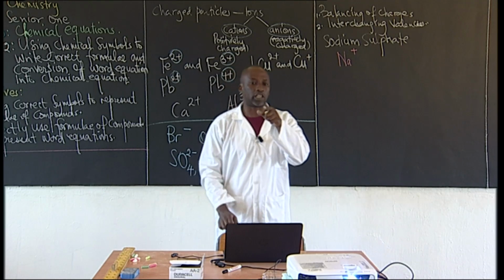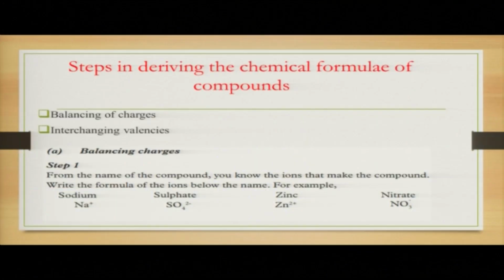Look at your periodic table. I told you that you need the periodic table as well because the periodic table will tell you the location of the element, and it will help you to know even the valency of that element because the group number on the periodic table represents the valency of that element as well as the charges. So this is the charge number.